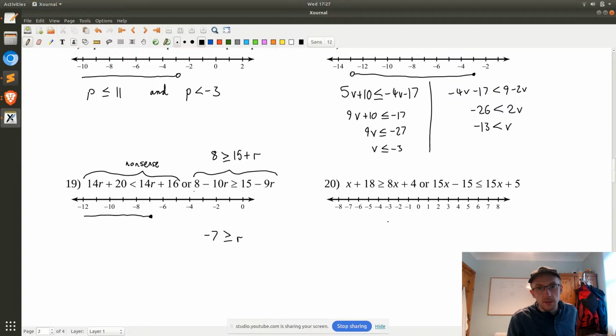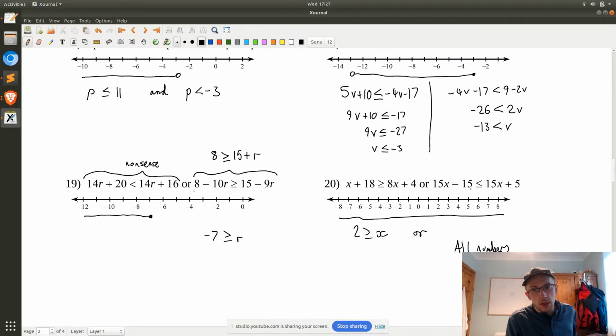7x on the right, 14 on the left. X on the right, 2 on the left. 2 is greater than or equal to x. -15 is less than or equal to 5. That's true. In fact, I think it's actually all of them, because that one there is true. So all numbers.